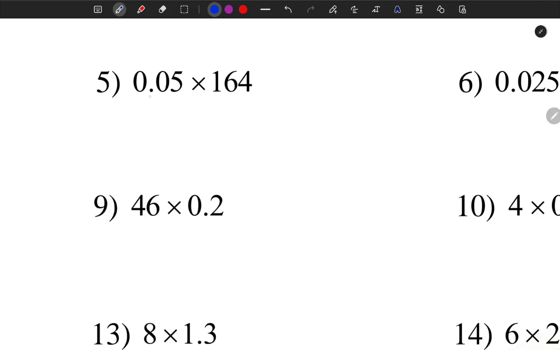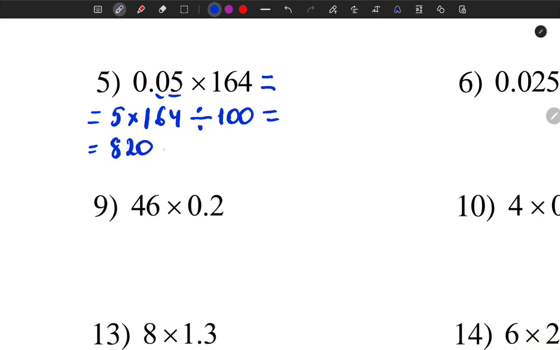Here we multiply 0.05 by 164. First we multiply 5 by 164, then divide by how many decimal numbers? Two decimal numbers, so by 100. When I multiply 5 and 164, I get 820.